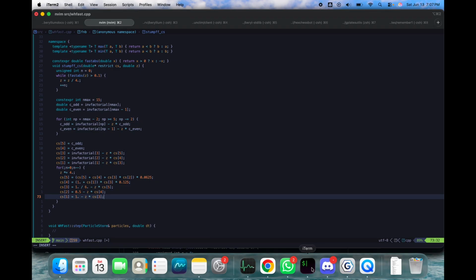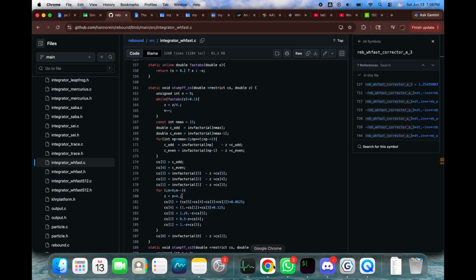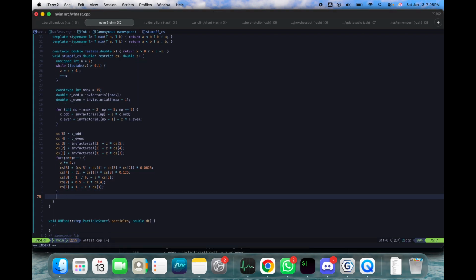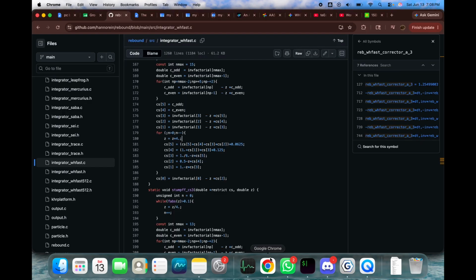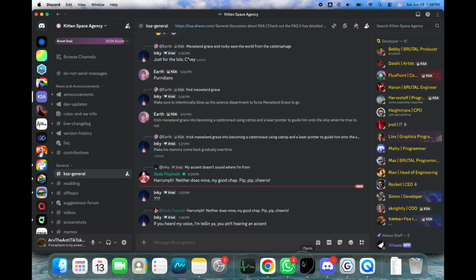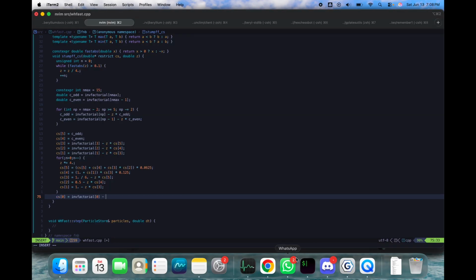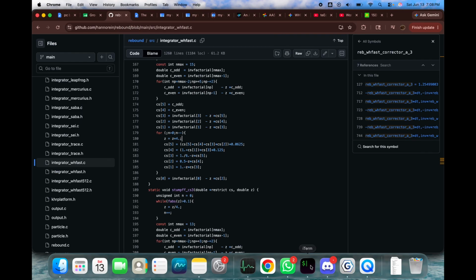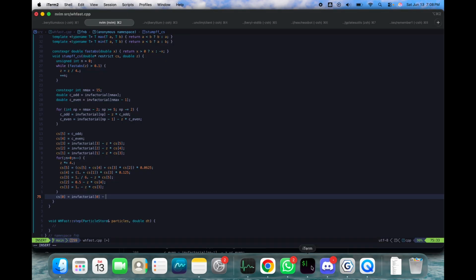Okay. And so now CS index 0 is equal to n factorial index 0 minus Z times CS index 2.